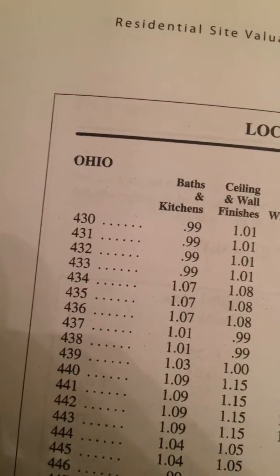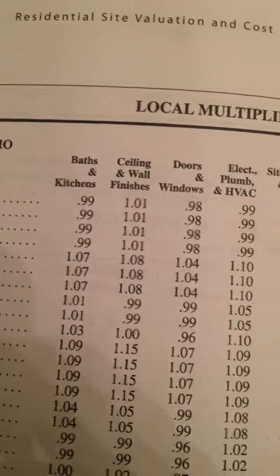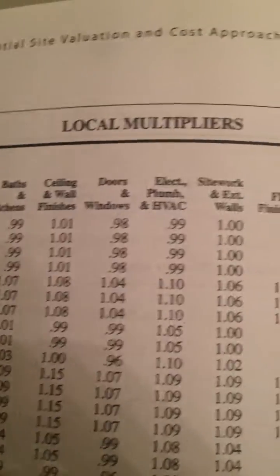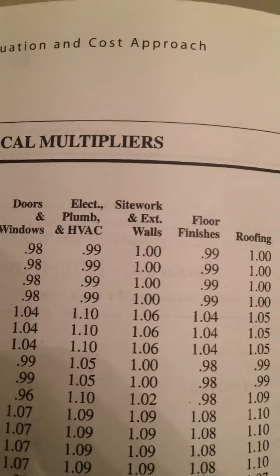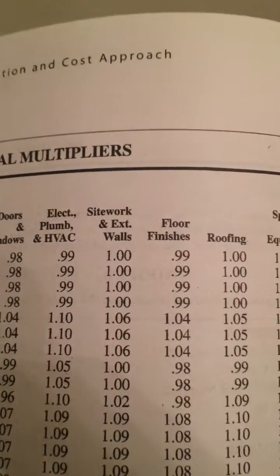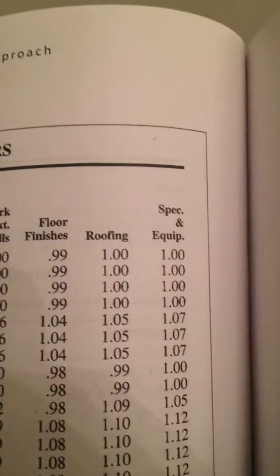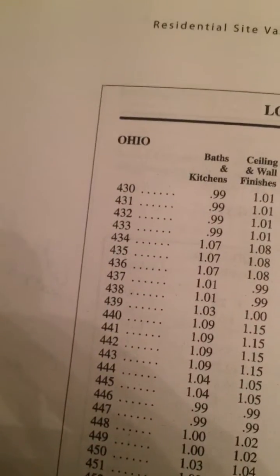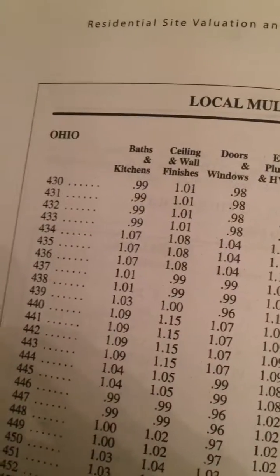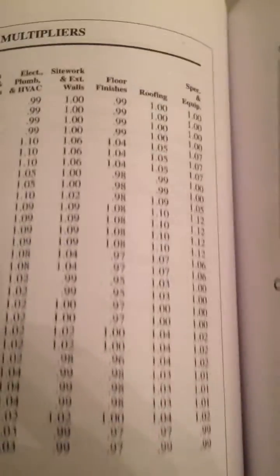Page 74. Local multipliers. Shows Ohio. Bath and kitchens, ceiling and wall finishes, doors and windows, electric, plumbing and HVAC, site work and exterior walls, floor finishes, roofing, specialties and equipment. Shows all these numbers, 430 through 458, and across it has your prices.